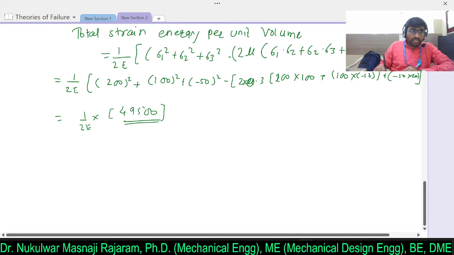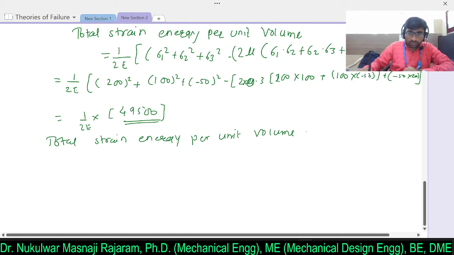Now we can evaluate the total strain energy per unit volume up to the elastic limit. Clear? The same formula will be used which we have already derived.